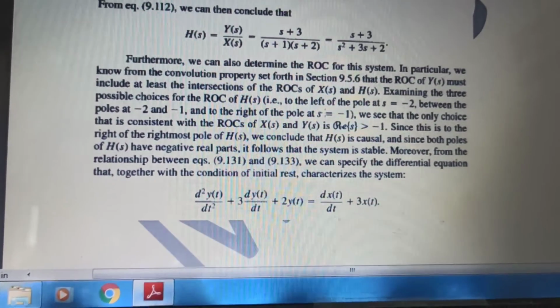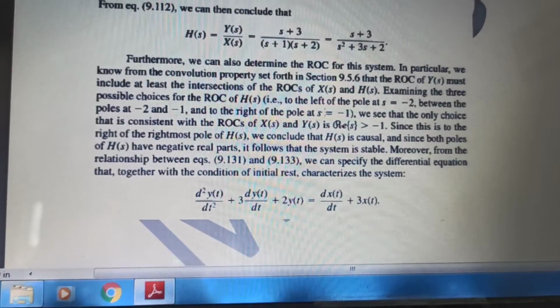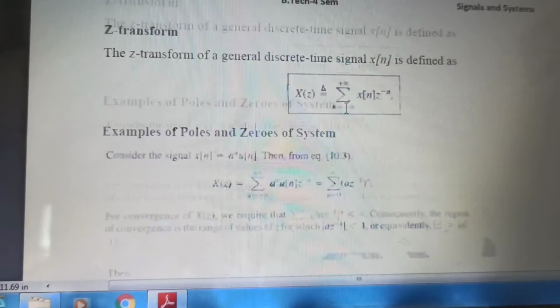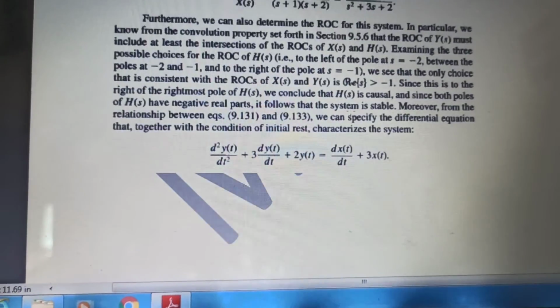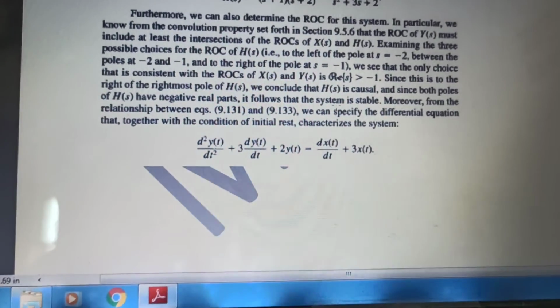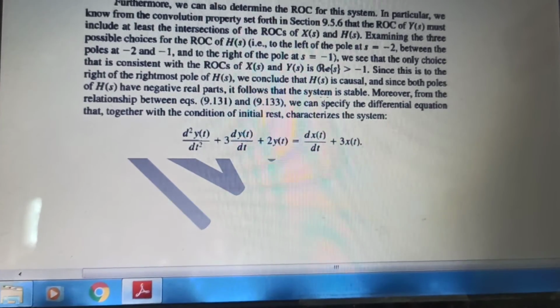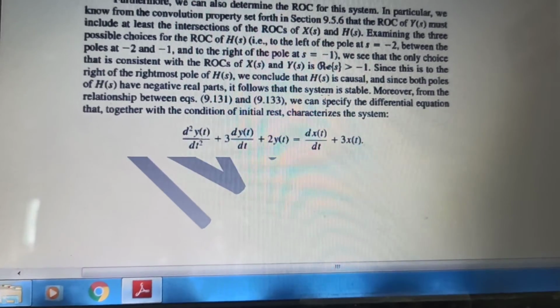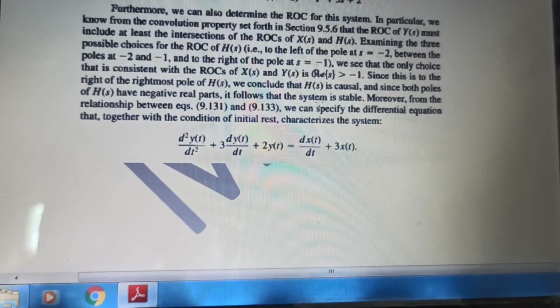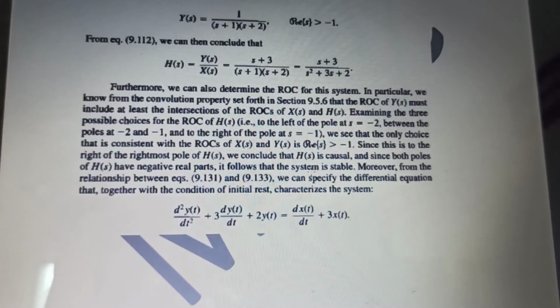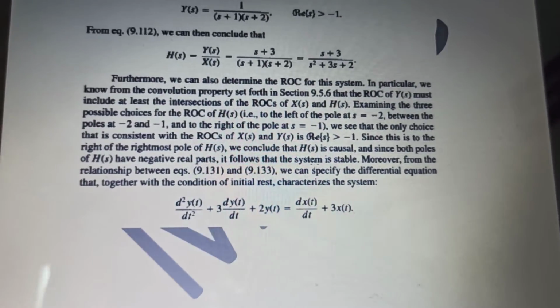So also from the relationships we can conclude that this equation, d square y(t) by dt square plus 3 dy by dt plus 2y(t) equals dx(t) by dt plus 3x(t), is the governing equation, provided that a very important thing that is missing. I will take 10 seconds to share what that missing information is.